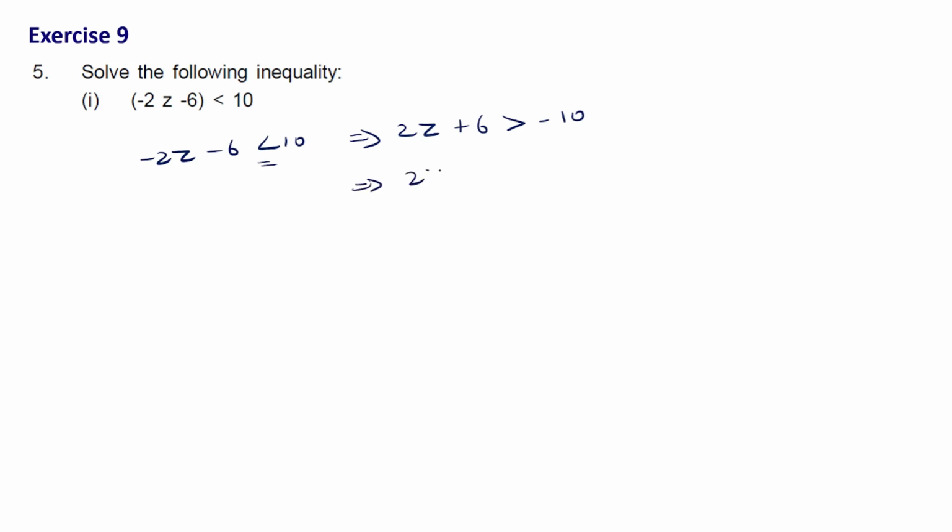From this we get 2z greater than negative 10 minus 6, or 2z greater than negative 16, or z greater than negative 8. So this is the solution. Z greater than negative 8, or z belongs to the open interval negative 8 comma infinity.